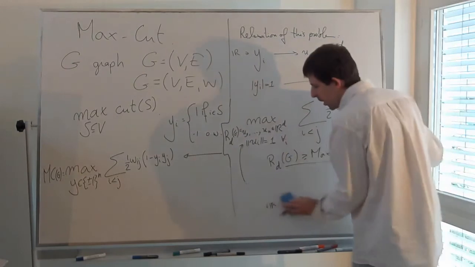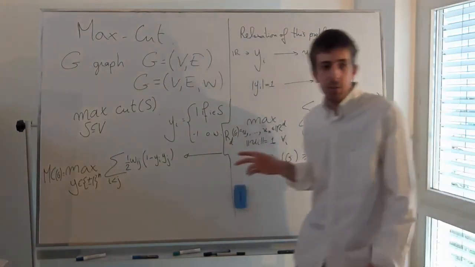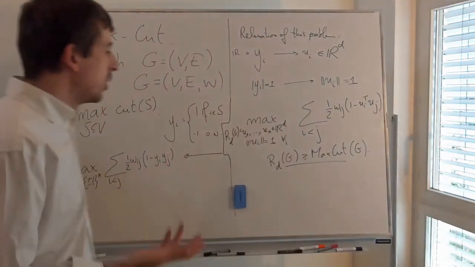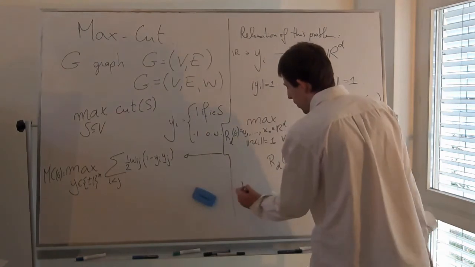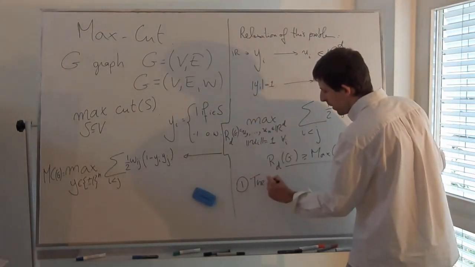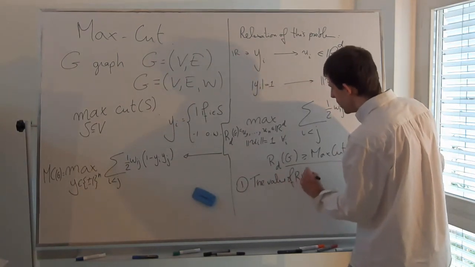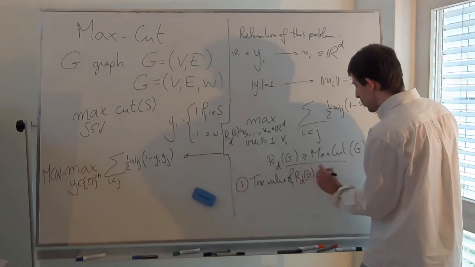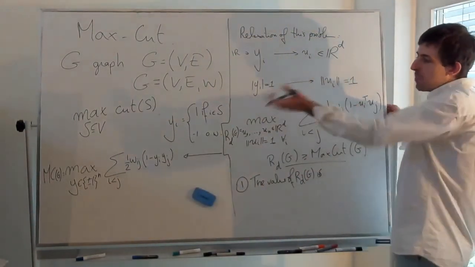Okay, good. But now the question is, why does this have any usage whatsoever? Why should this even be a good idea? For this to be a good idea, we need two things to happen. One, we need that the value of the relaxation, say R^d of G, is related, not just that it's bigger. I mean, it could be that I have 2 times that, for example.